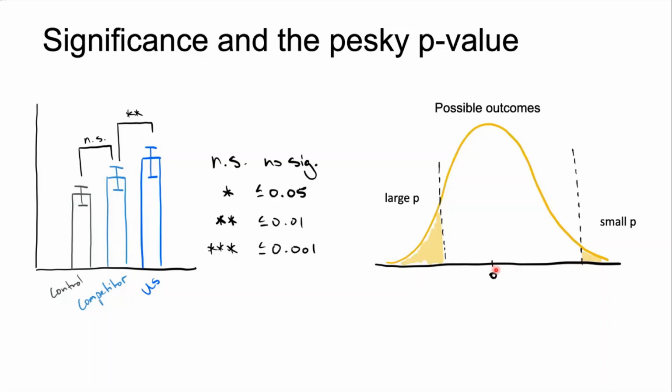So if your data is multiple standard deviations away from the mean of the competitor's possible outcome distribution, then you have a small p. And if you're much closer in standard deviations, then you have a large p. And you can think about the p-value as the percentage shaded over divided by the entire distribution itself.